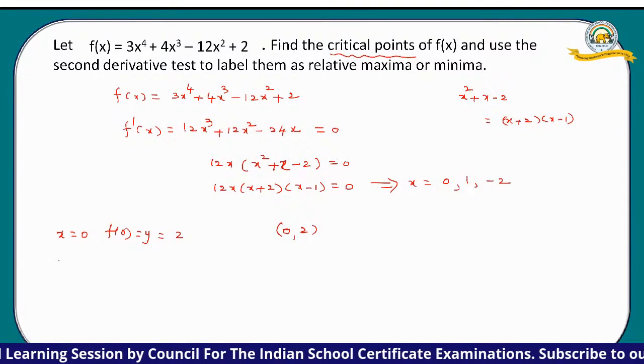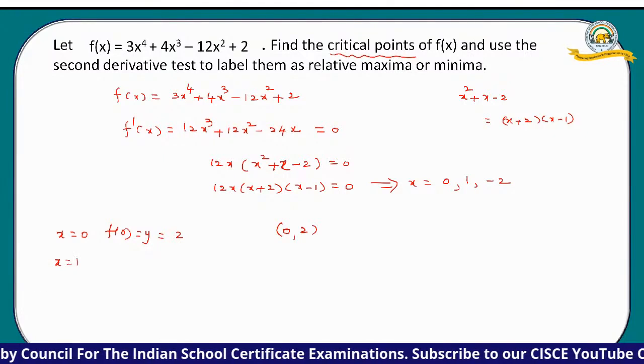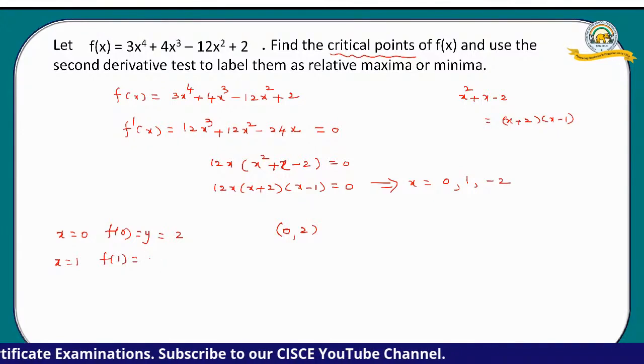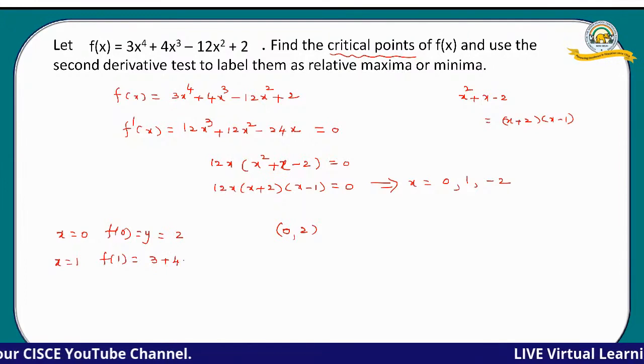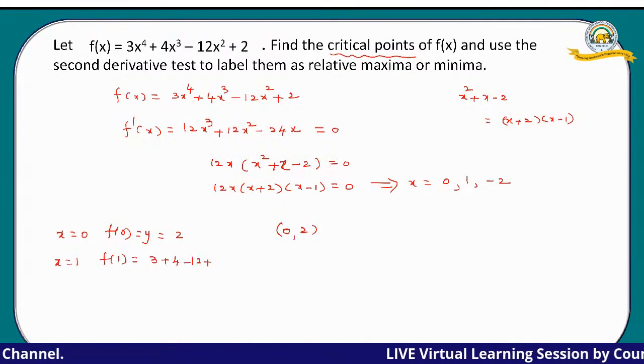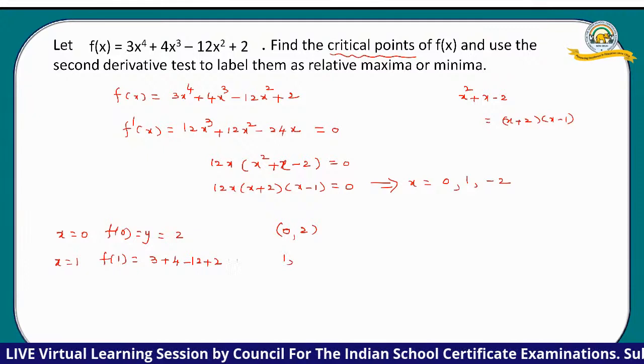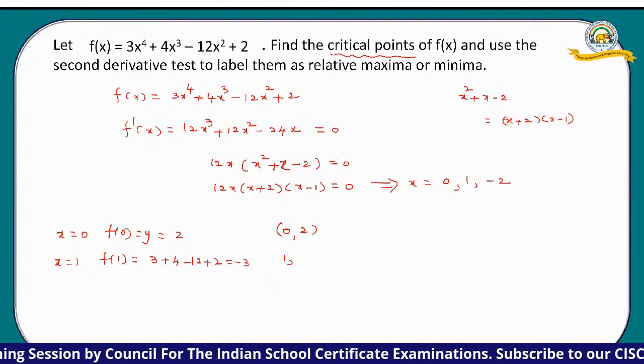At x equal to 1, f of 1 equals 3 plus 4 minus 12 plus 2, that is minus 3. So the point is 1, minus 3.